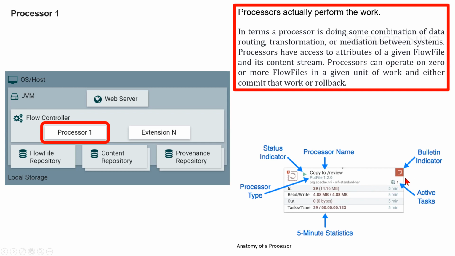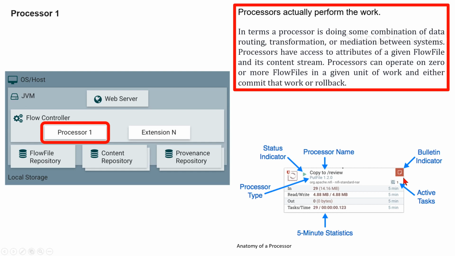Bulletin indicator. When a processor logs that some event has occurred, it generates a bulletin to notify those who are monitoring NiFi via the user interface. The DFM is able to configure which bulletins should be displayed in the user interface by updating the bulletin level field in the settings tab of the processor configuration dialog.